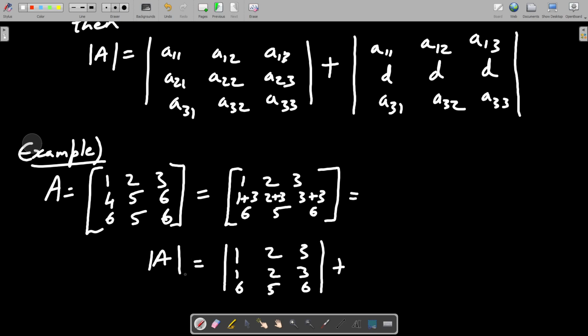This is the determinant of A written like this, not the actual matrix. If you write the actual matrix as a sum, it becomes something else. So ensure that you're writing the determinant symbol at this stage.